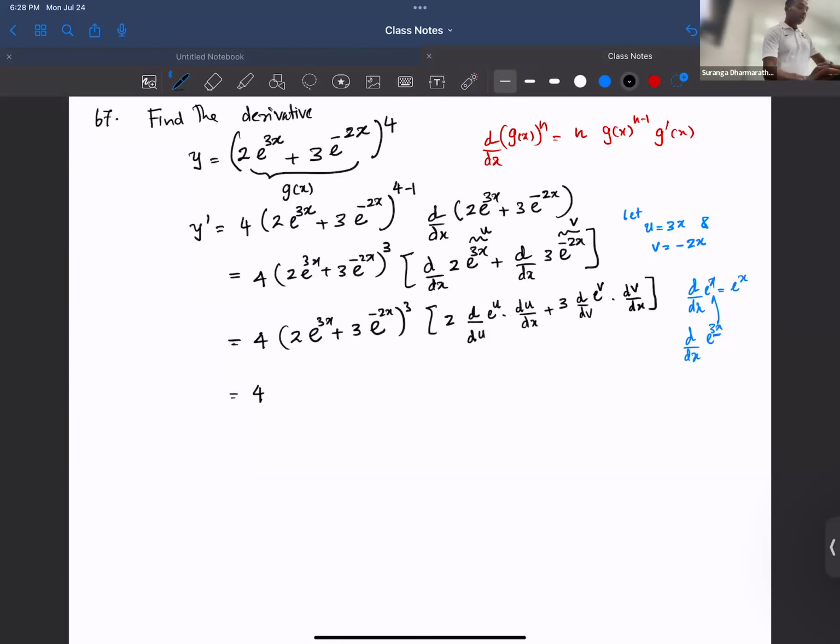Yes. So do you understand that we know this, d over dx of e to the power x, is e to the power x? But the difficulty is that what we need to find is d over dx of e to the power 3x.